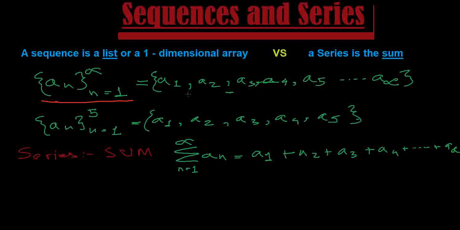The second difference is that we separate the terms with commas, whereas in a summation we separate them with plus signs. And this is a series. In a series we separate the terms with a plus sign, and we denote it as the summation of a_n from n equals 1 to infinity.